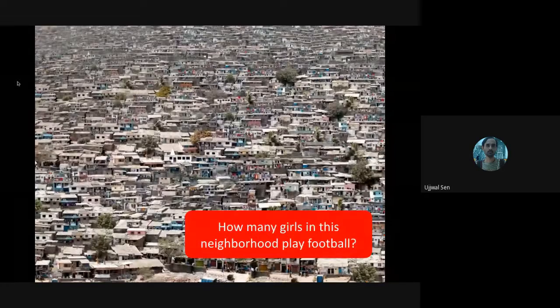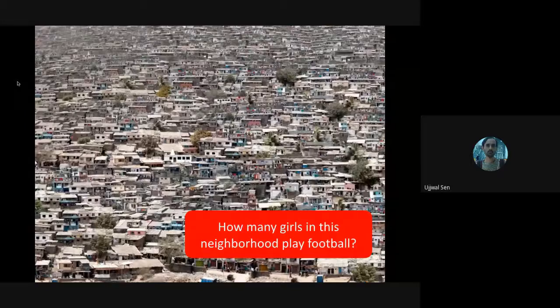This is a huge place and there are many people living here. So I go from door to door, and suppose I take 1 month to find this out. During this time, my observation time, almost nothing changes in this neighborhood. The number of people is almost constant. The number of houses is almost constant.